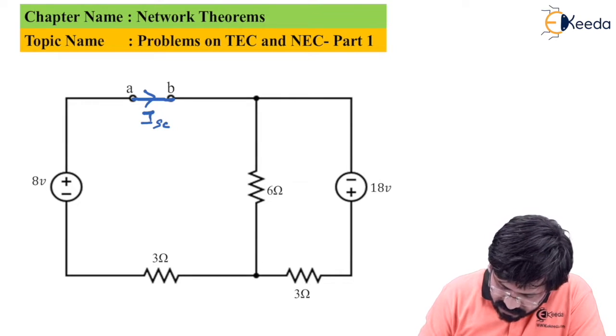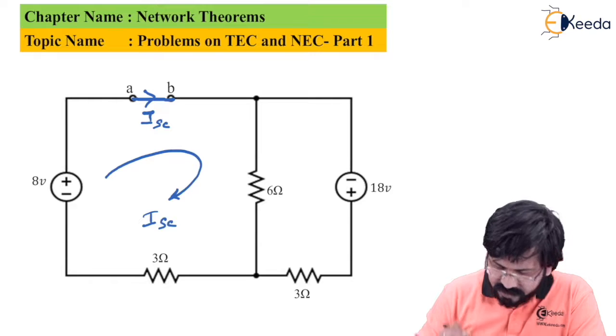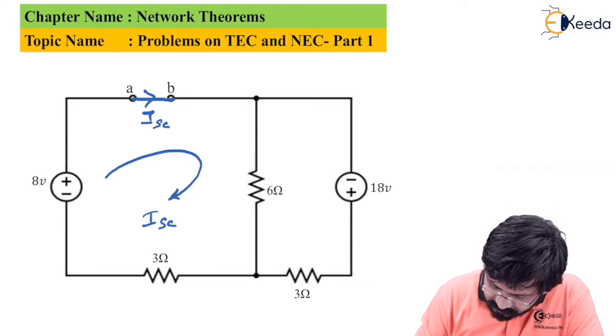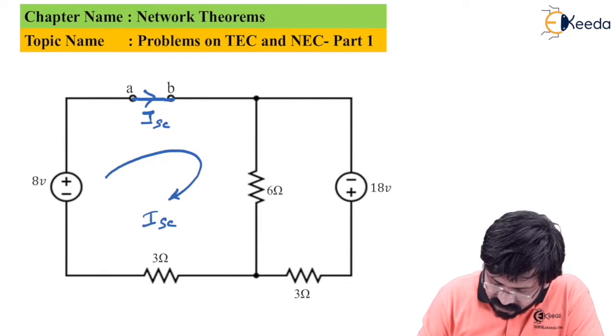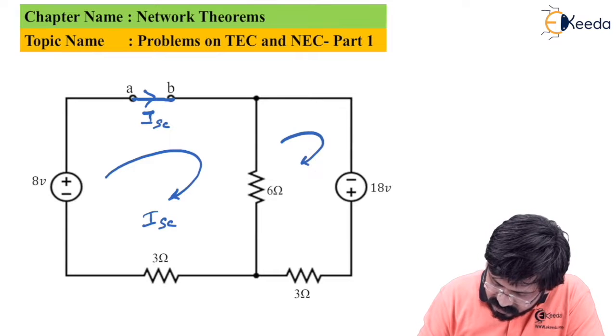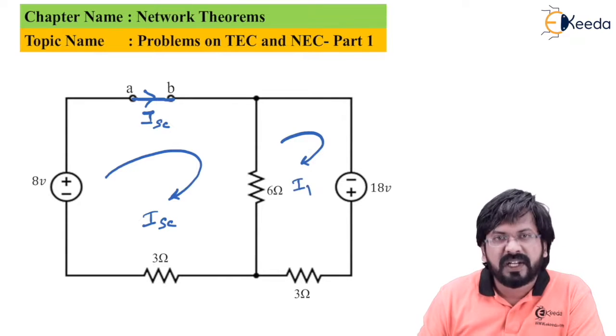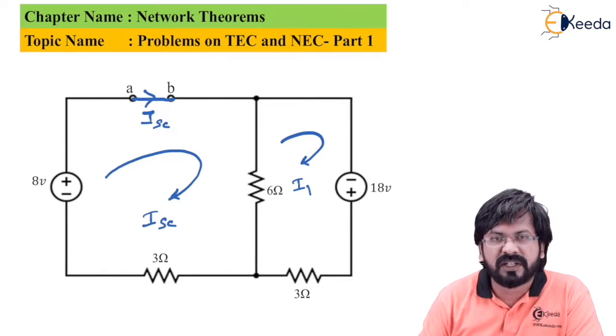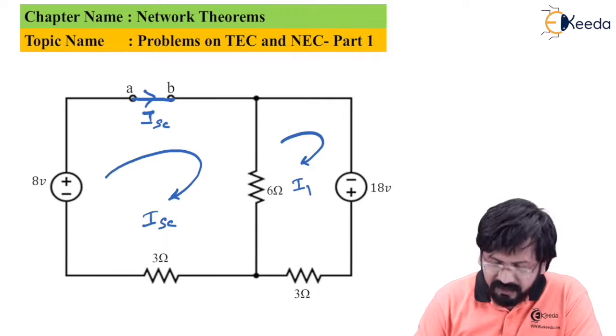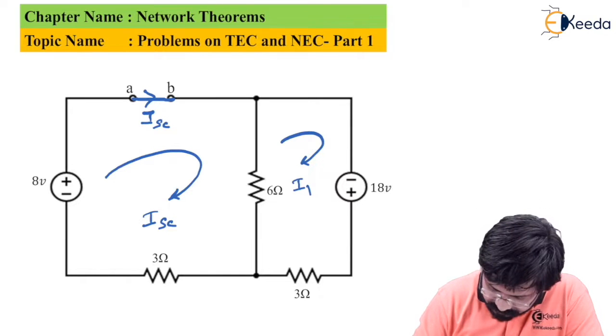So I can say this is ISC, the loop current flowing in this circuit. We don't know what current is flowing through this other branch, but let's assume it is I1. Now by applying KVL to loop 1 and loop 2, I'll get two equations, and by solving them simultaneously, I will get the value of ISC.